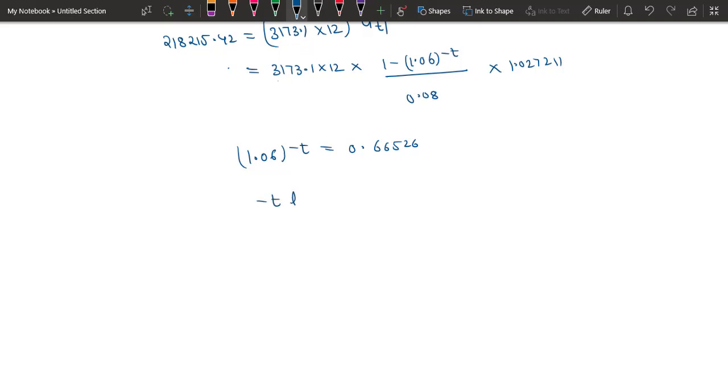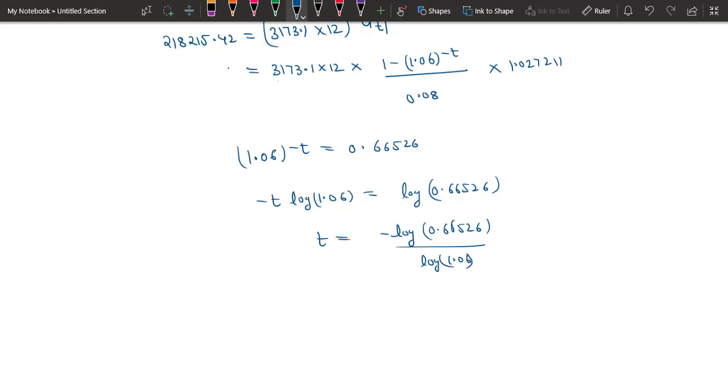Taking log both sides, you get t equal to minus log of 0.66526 upon log of 1.06.